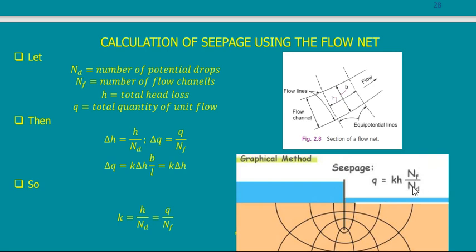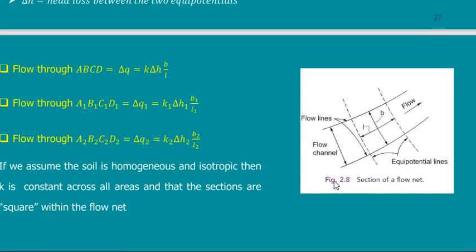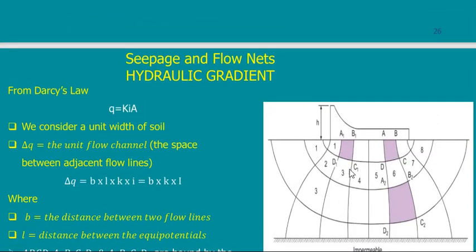What is ND? ND is the number of drops you have in the potential lines, or the potential drops you have. So how many potential drops, as you said, in this is 1, 2, 3, 4, 5, 8. So I have 8 potential drops. So from a drawing like this, I get ND, which is 8. I get here NF, which we said that it was about 3.4.